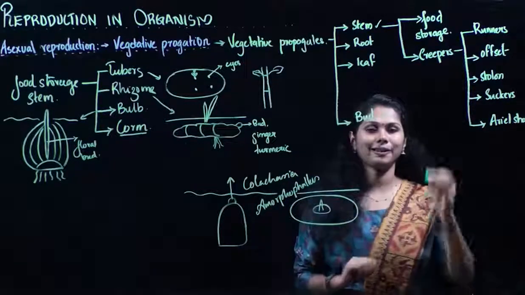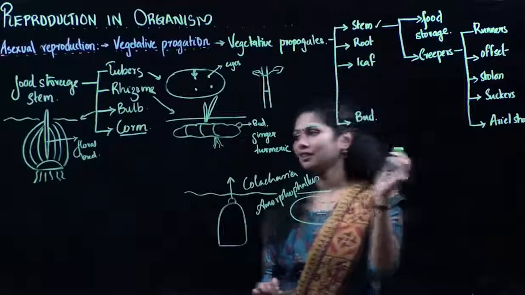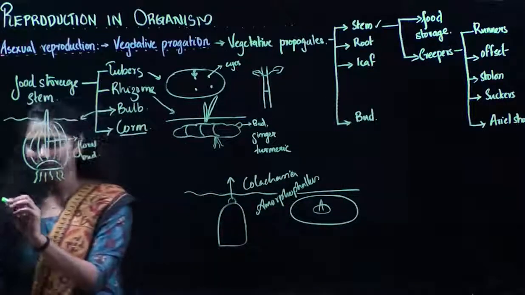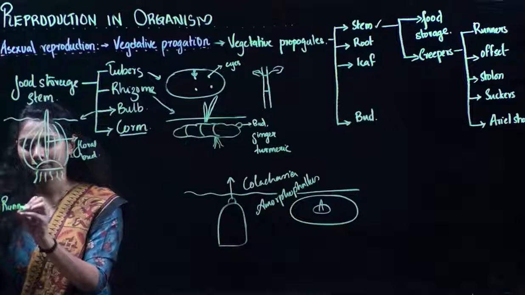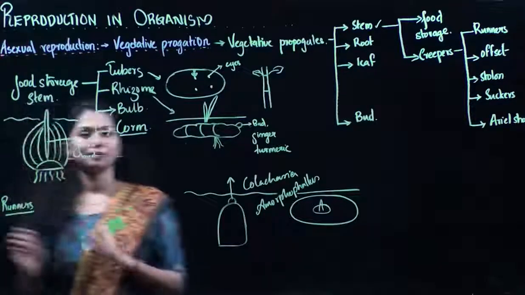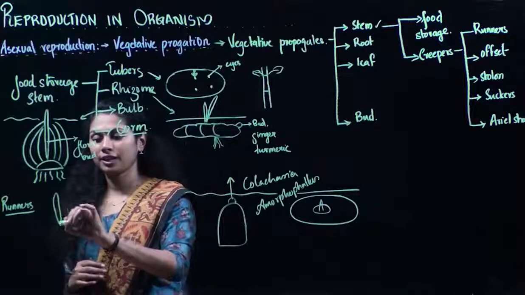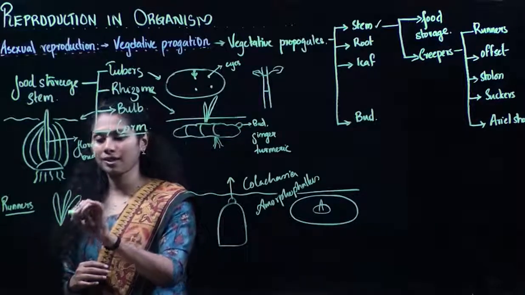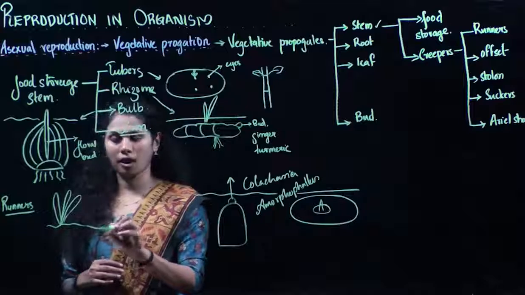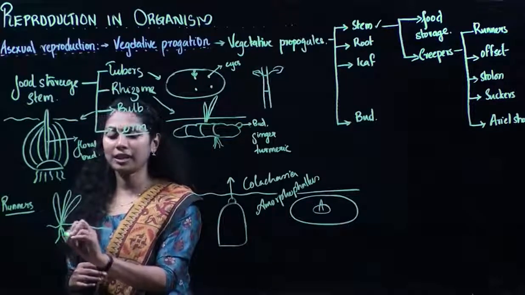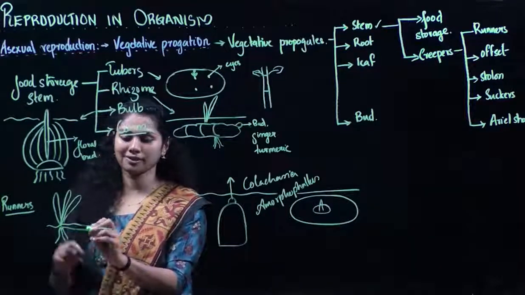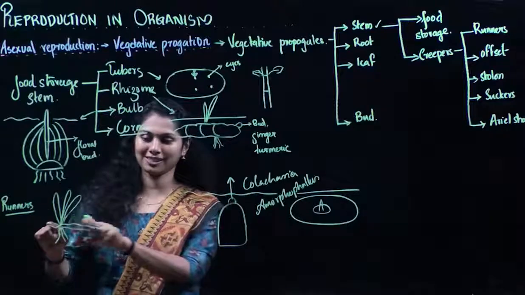First one is runner. Usually when we see a runner, they are seen in plants like grasses, where the grass grows on the ground, and there will be lateral branches from the grass that grow underground. This is the ground.